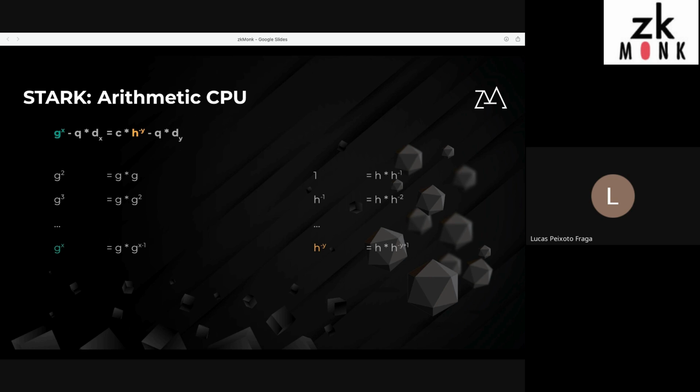And this is very similar to Graph and PLONK, but this one is very different. You can see that we don't need to perform a multiplication in one equation, and then an inversion, and then an addition, as we did with PLONK.